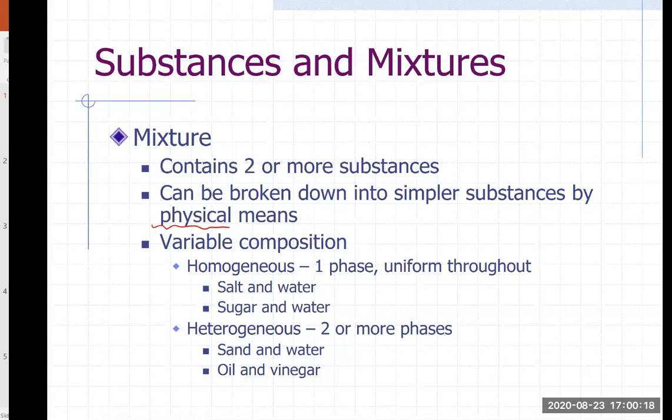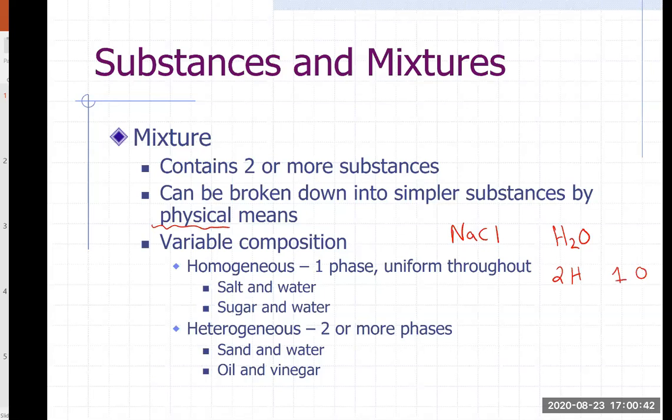On the other hand, if we just had sodium chloride and water independent of one another, and they weren't mixed, when we look at water, we have 2 hydrogens and 1 oxygen. And that's always the case if we had water.